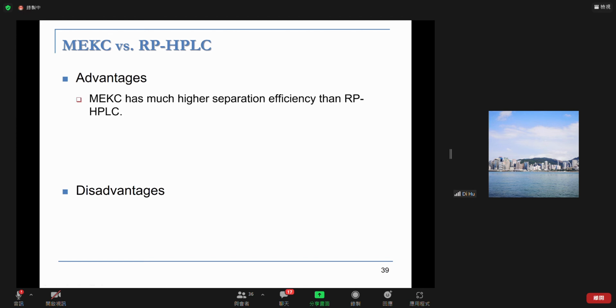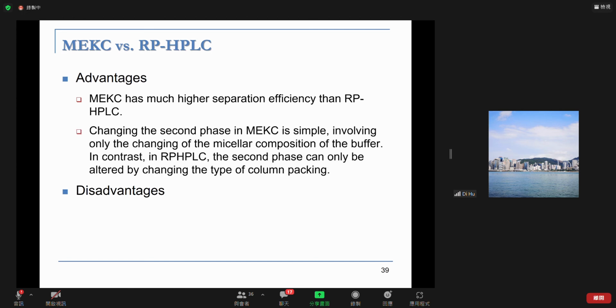Reverse phase HPLC, however, normally just handles a small amount of sample, and this is a disadvantage. Also, an advantage is that changing the second phase in micelle is simple, because now we have the pseudo stationary phase. The pseudo stationary phase is the hydrophobic core of the surfactant of the micelle, right? So if we change the surfactant, you change the pseudo stationary phase.